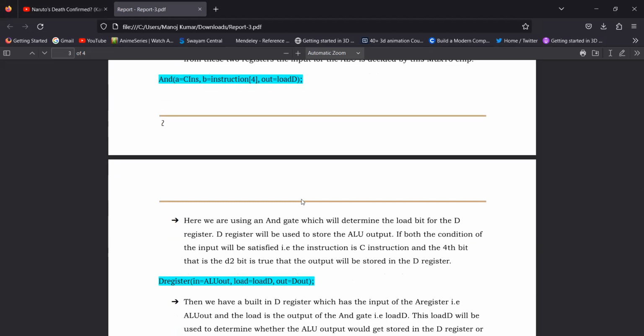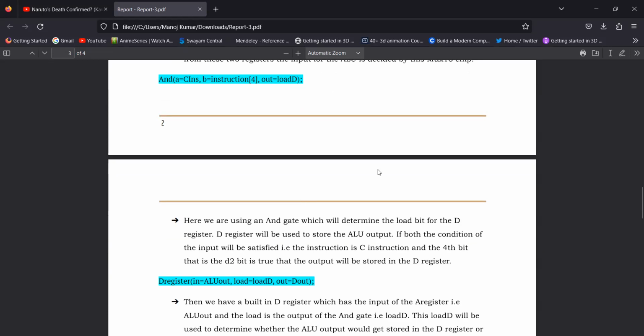And we know that the AND gate gives a true output only if both of its inputs are true, and hence we need the instruction and the fourth most bit of the instruction to be true, and the fourth most bit of the instruction is the D2 bit.